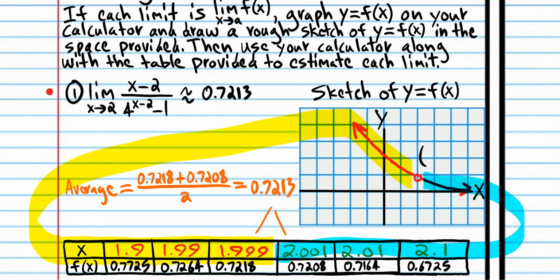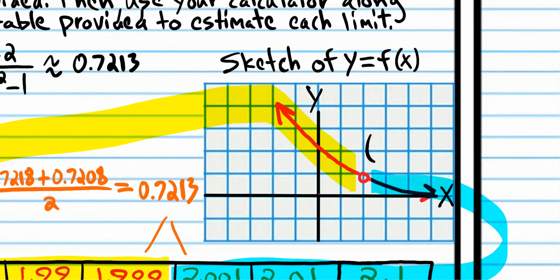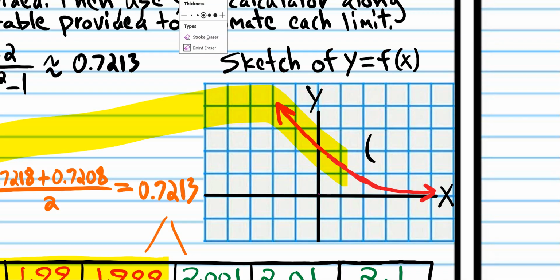So this hole here, and by the way, that hole should be a little bit lower. Again, it doesn't really matter that much. Your graph doesn't have to be perfect, but looks like it's going to be maybe about there. And again, we need that to be a hole.